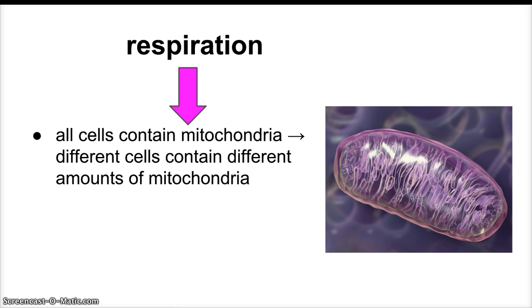Respiration happens in a tiny structure inside your cells called mitochondria. All cells contain different amounts of mitochondria. For example, muscle cells carry out a lot of respiration, so they contain a large amount of mitochondria compared to the other cells.